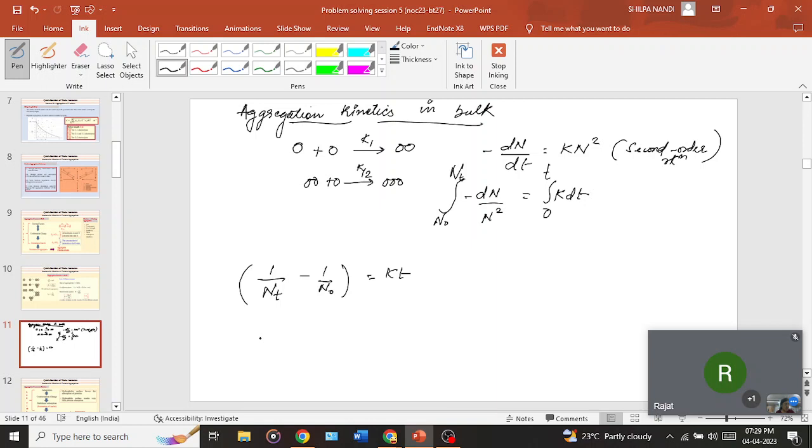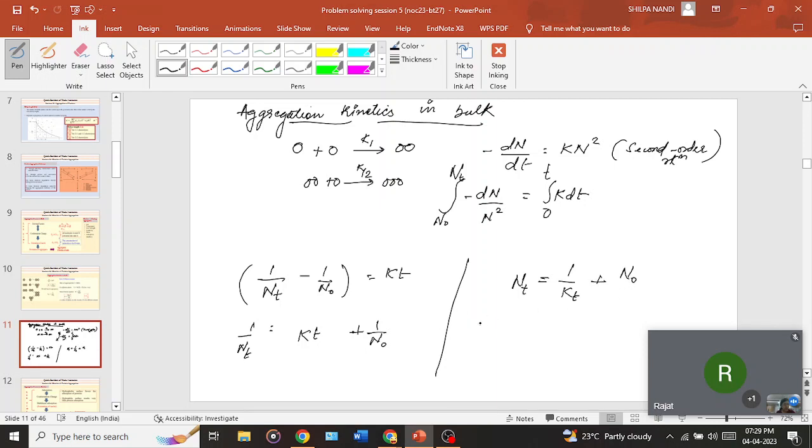And now if you take this 1 by nt on one side and kt on the other side, so this will become 1 by n naught plus kt, right? So later on, if you reciprocate it, it will be something like this.